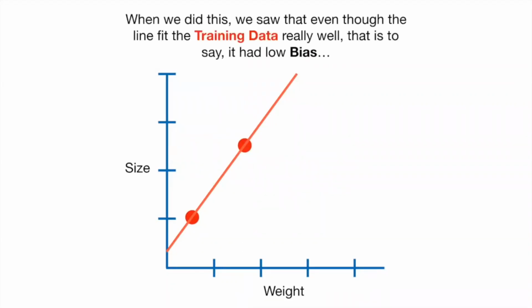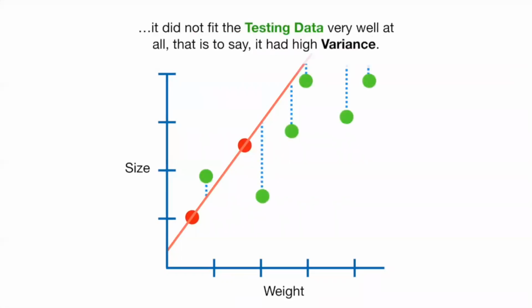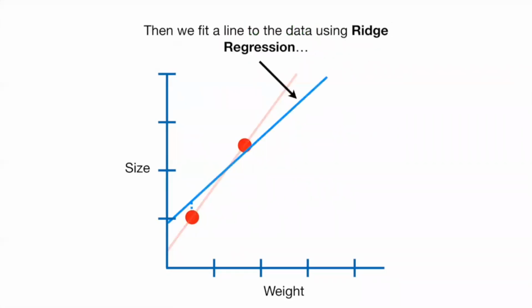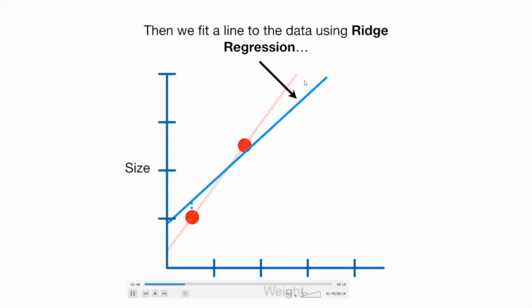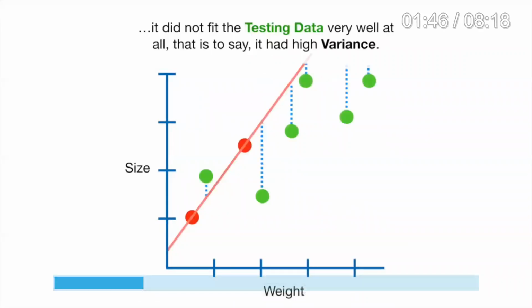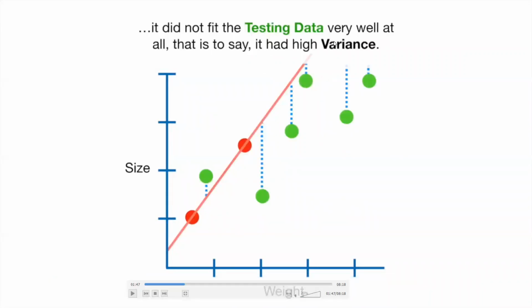In this case, we are talking about linear regression, so we have no regularization penalty. If you use 2 points, you get a unique line that passes through those 2 points, resulting in zero error in the training set. But you'll see that the red line has high variance with respect to your validation or testing set.